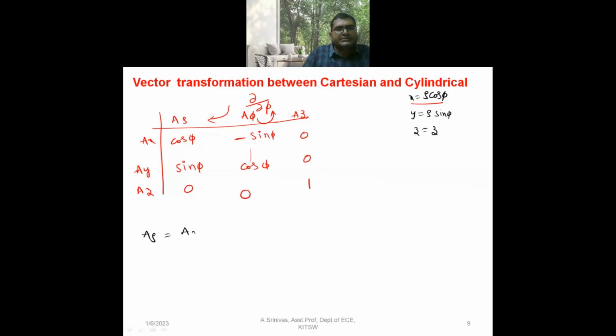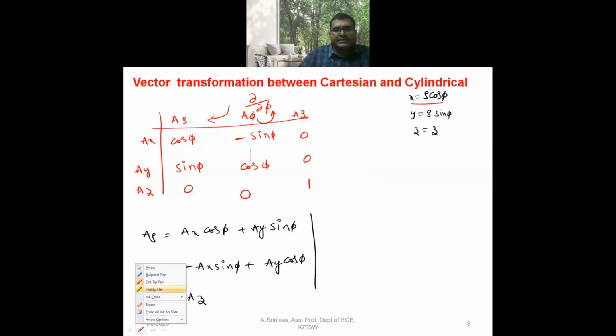That is Ax cos φ plus Ay sin φ. Az into 0 is 0. And Aφ is equal to minus Ax sin φ plus Ay cos φ, and Az is equal to Az.